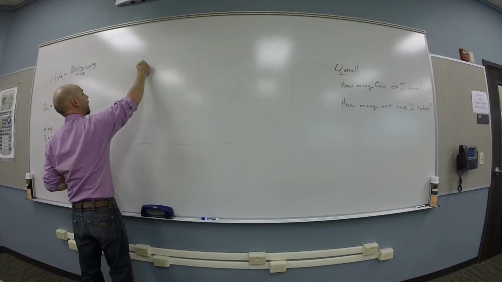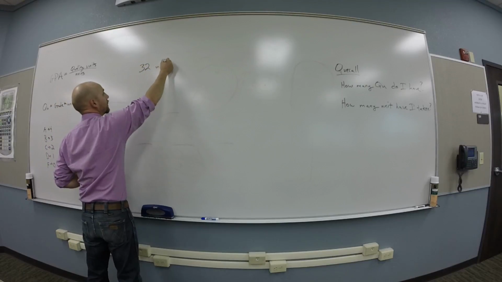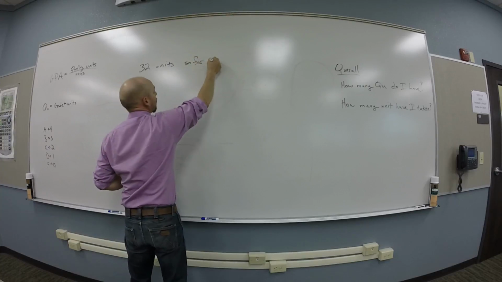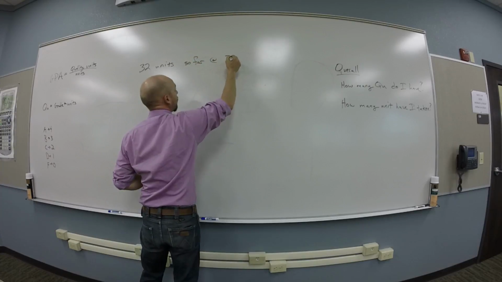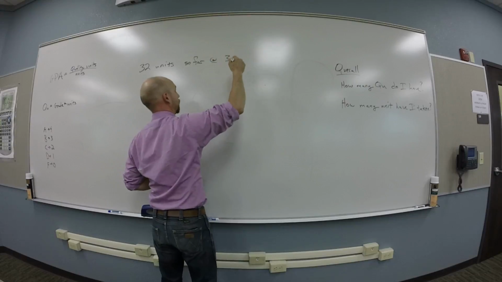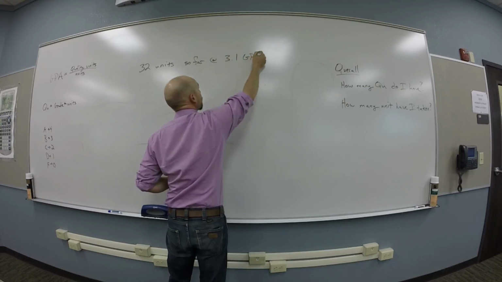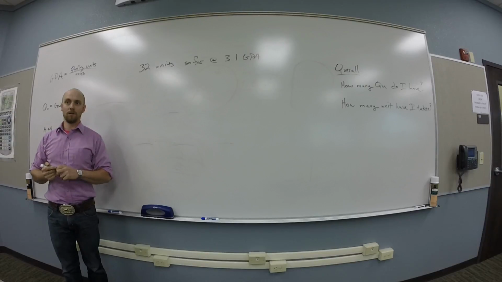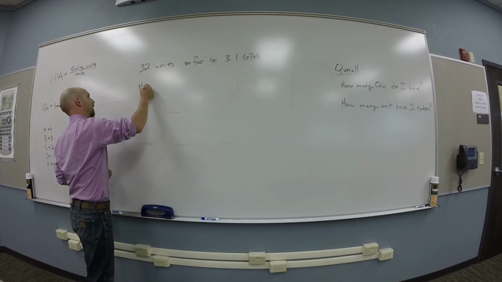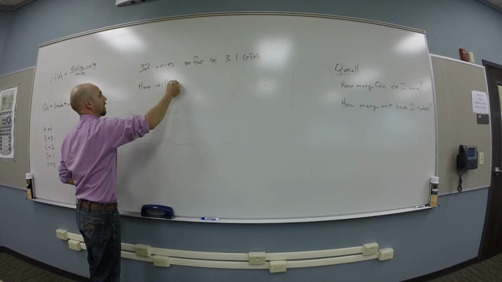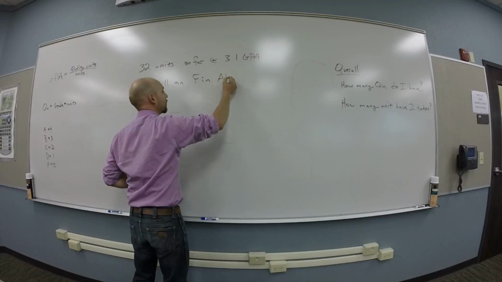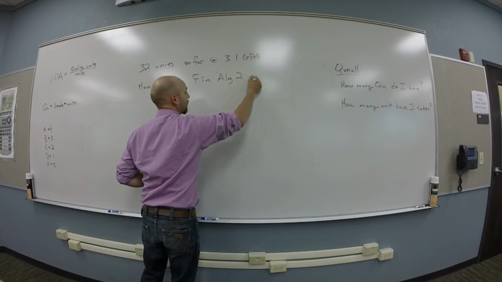So let's say you have 32 units so far at a 3.1 GPA. I'm just making this up at random. Okay? How will an F in Algebra 2 affect you?